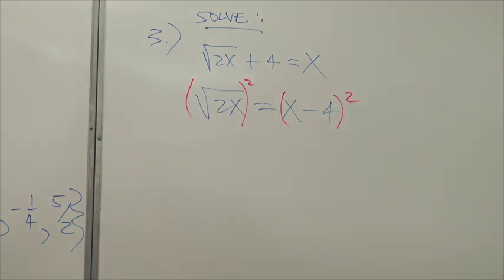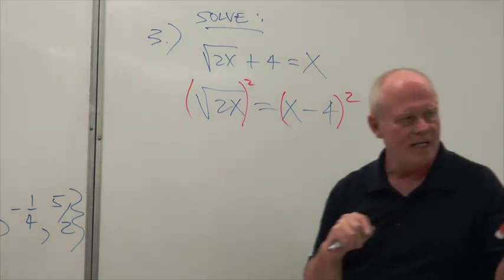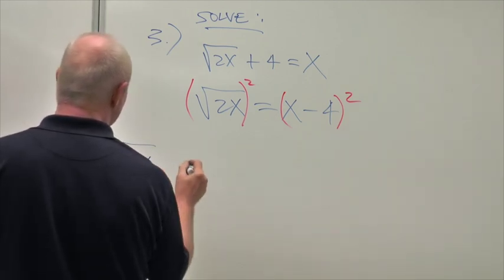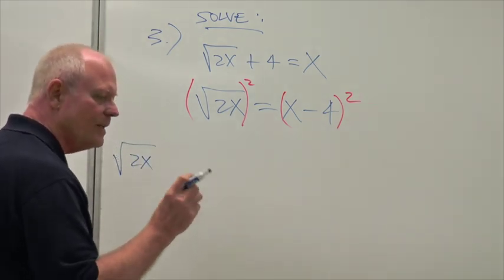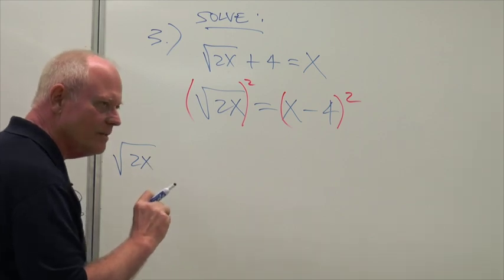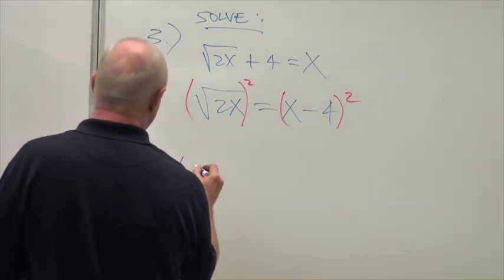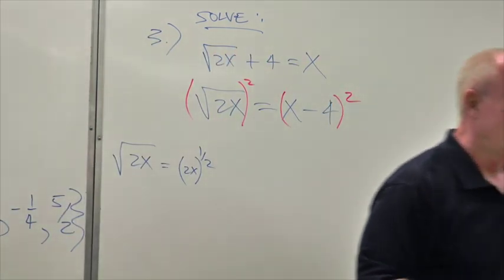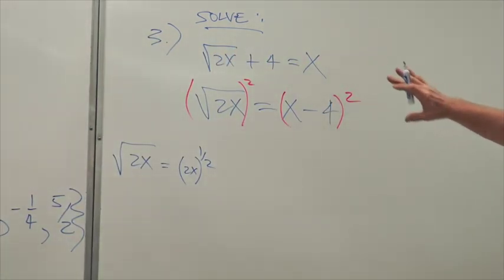Sorry? I thought it was going to be 1/2. That's if you rewrite it. You're thinking of rewriting it, right? If I want to take the square root of 2x and rewrite it with a rational exponent, I could rewrite this as 2x to the 1/2 power. I'm just getting rid of the radical as it is, right?